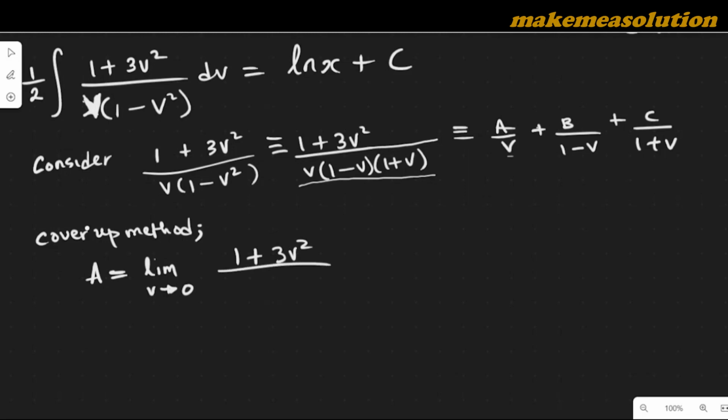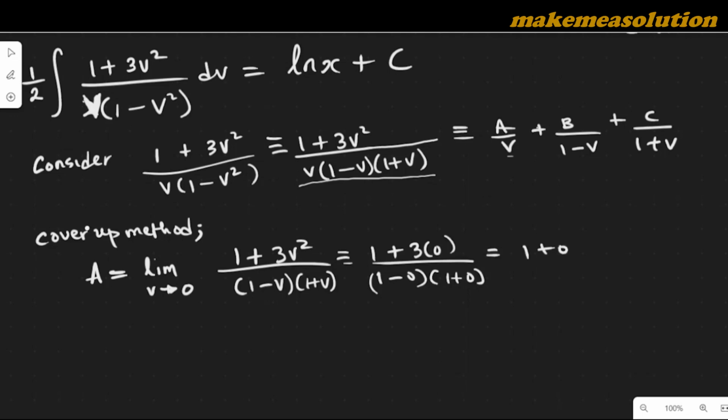When I'm writing the original fraction, I'm not going to include whatever is under A, so I'll just include the other ones. So if I solve this limit, I'll have (1 plus 3 times 0) over (1 minus 0)(1 plus 0), and this is just 1 plus 0 over 1 times 1, which is 1. Okay, so A is done and dusted.